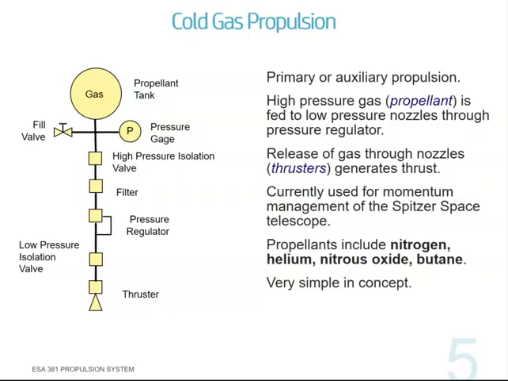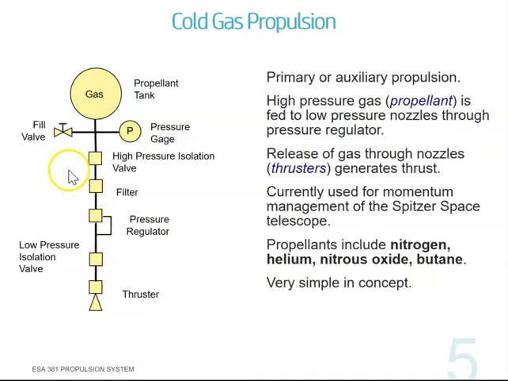Okay, on cold gas propulsion, here is an example of cold gas propulsion, and the propellants used for cold gas are nitrogen, helium, nitrous oxide, and butane.